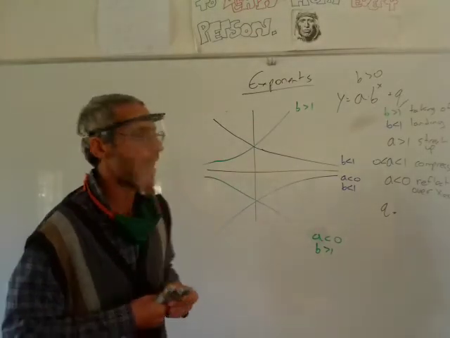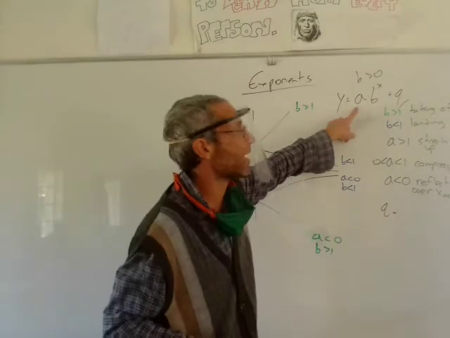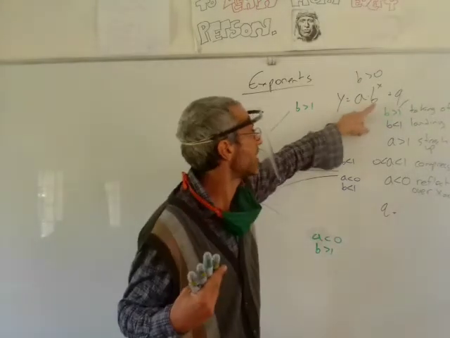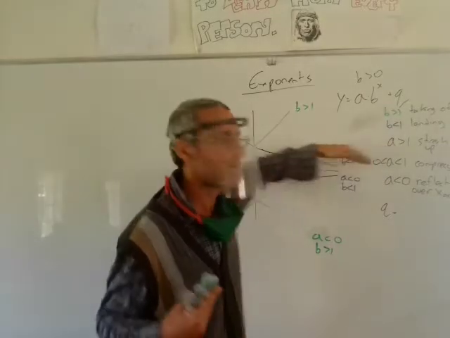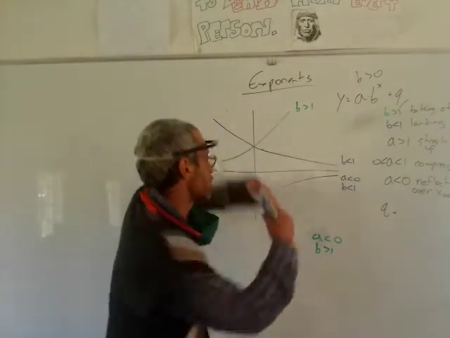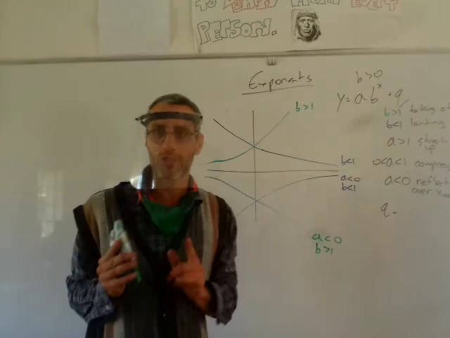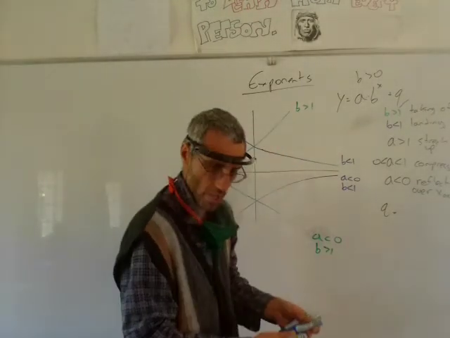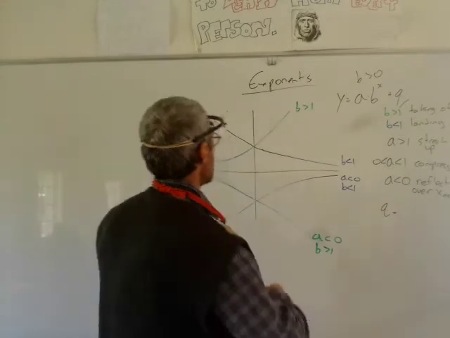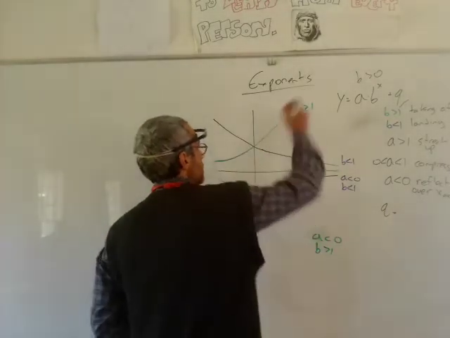Now we're looking at what a can do. Okay, so I can multiply that b to the power x by a. If a is larger than 1, I use the word stretch. It's going to start lifting it up, but it's not a vertical shift, it's just a stretch. So let's say we're looking at this graph that's taking off.